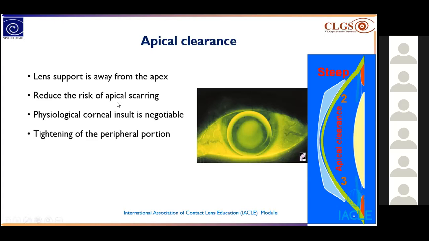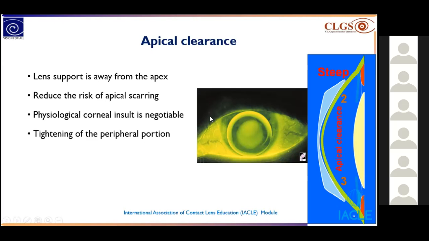So why is the risk of corneal scarring reduced? Because there will be a gap between the lens and the cornea in the center. Here you can see there is a lot of fluorescein accumulation in the center of the cone, and there is mid-peripheral clearance of the contact lens. So in this type of fitting, there will be a reduced risk of apical scarring.